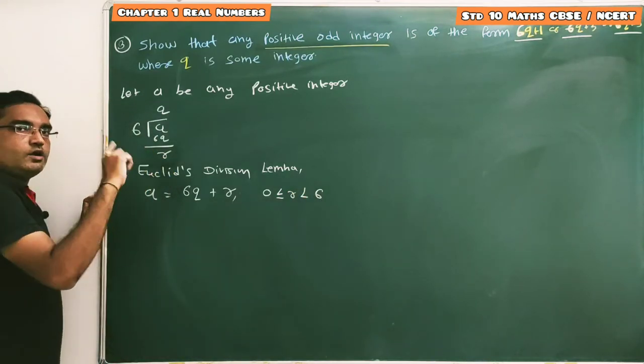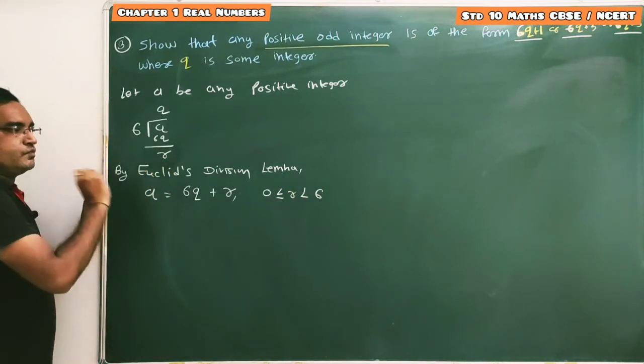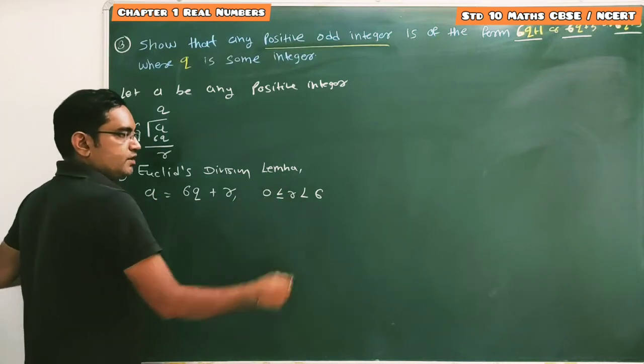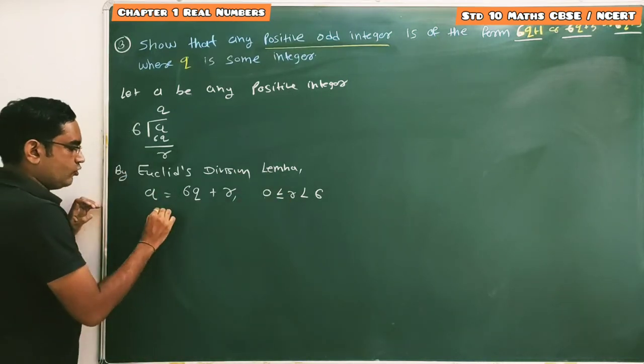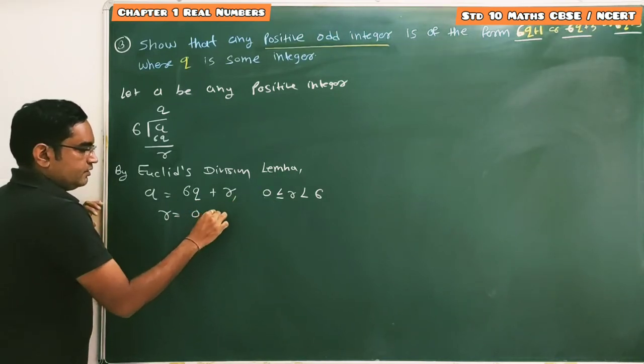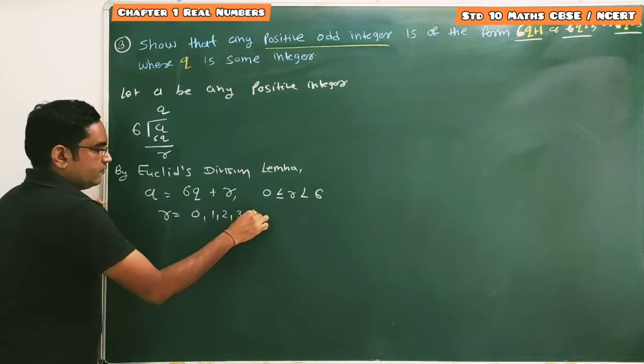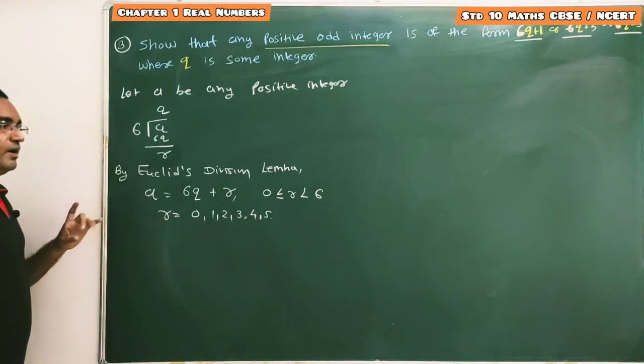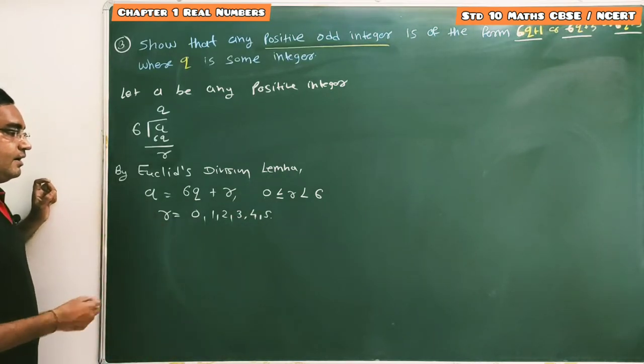Remainder r cannot be greater than 6. Done. So it can be 0, 1, 2, 3 up to 5. So the possible values of remainder r are 0, 1, 2, 3, 4 and 5. Total 6 possible values of r are there.